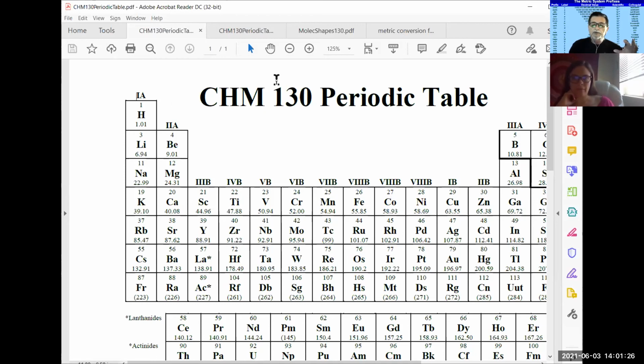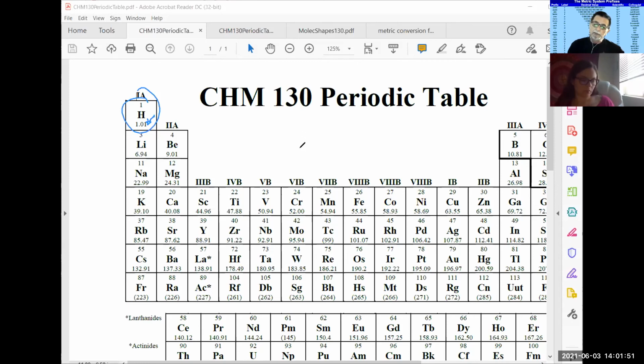So if you look at hydrogen up here on the far left, number 1, there's that number it has. Its number is 1, and underneath the symbol has a decimal number. That is what we call an atomic weight. Every one of these has a decimal number underneath its symbol.